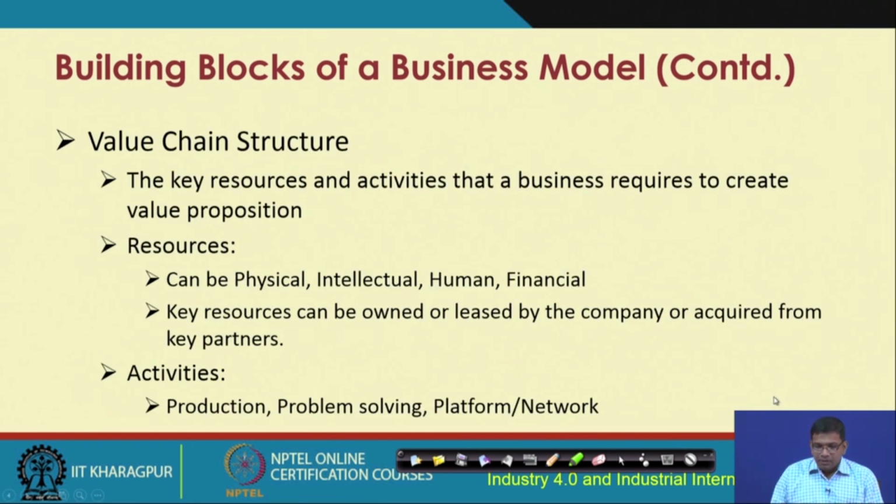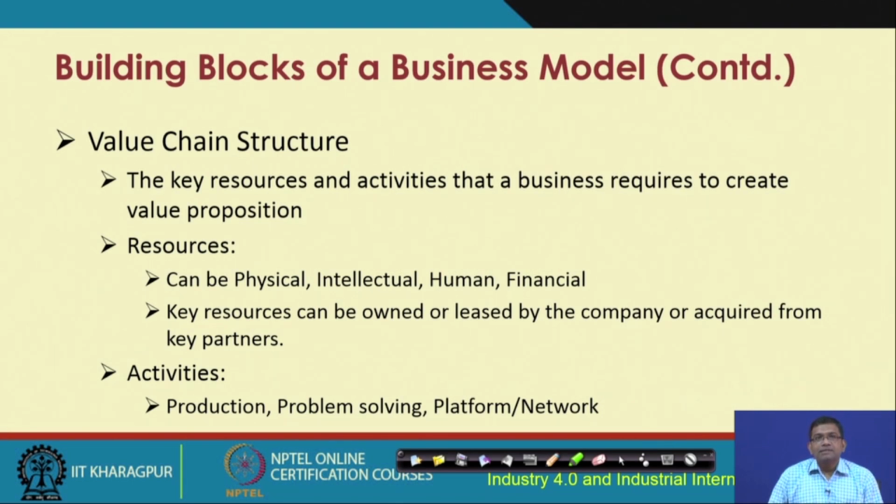So, next one is the value chain structure, that is the third building block that we should try to understand. Value chain structure basically means the key resources and the activities that a business requires to create the value proposition.